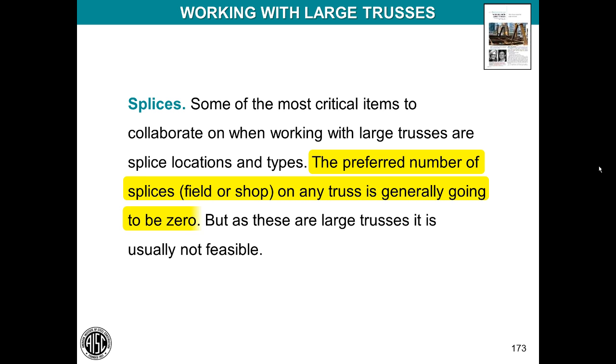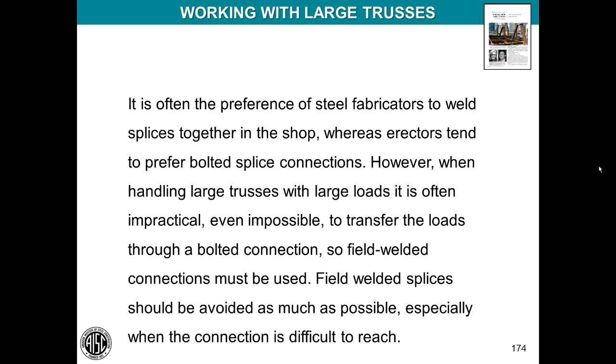It is often the preference of steel fabricators to weld splices together in the shop, whereas erectors tend to prefer bolted splice connections. That may be. That doesn't mean field welding has to be avoided. But let's go on. However, when handling large trusses with large loads, it's often impractical, even impossible, to transfer the loads through bolted connections, so field welded connections must be used.